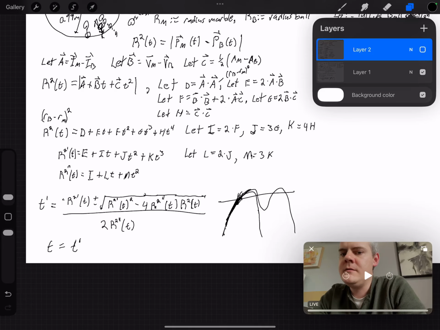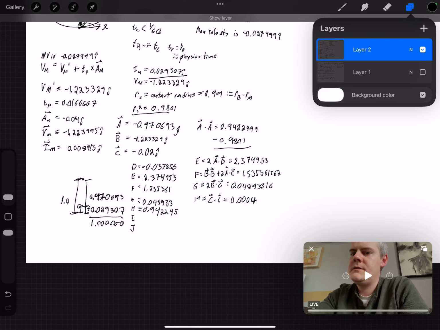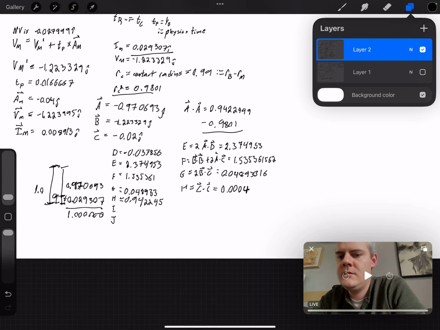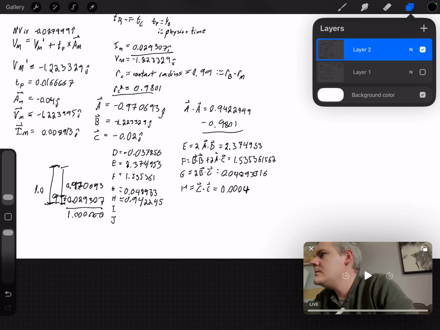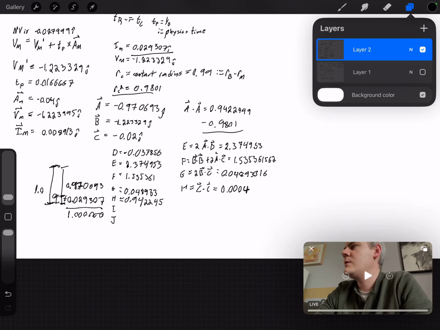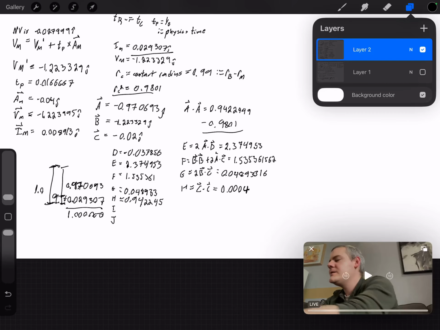H is C dot C. Oh, I did mess it up. See, this is why you never assume that you found all your bugs. You don't get too excited. You don't find a bug and then think it's going to work.